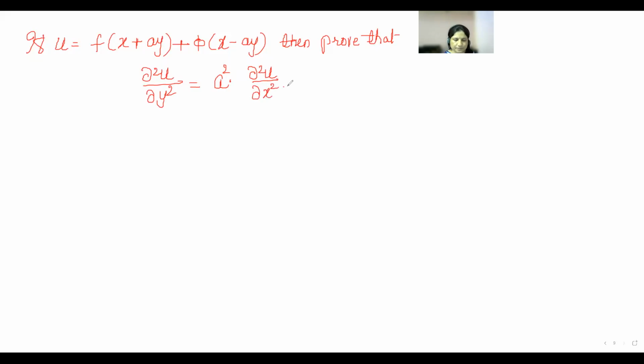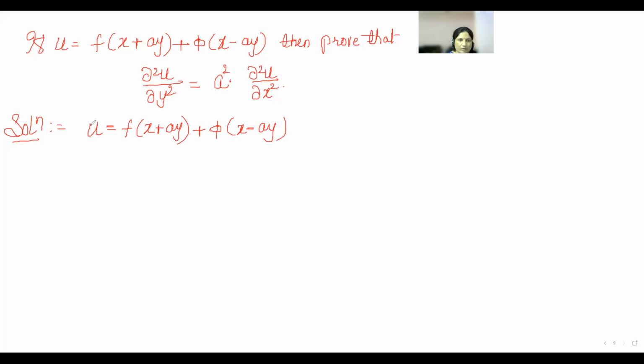Okay. Now first of all we take the given function, that is u. Here u is equal to f of x plus ay plus phi of x minus ay.